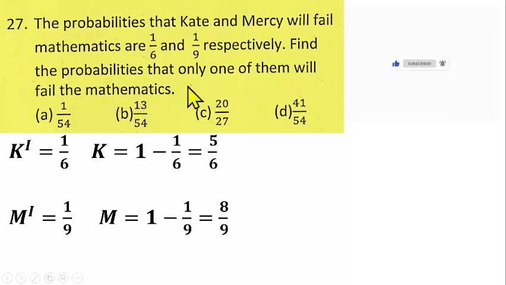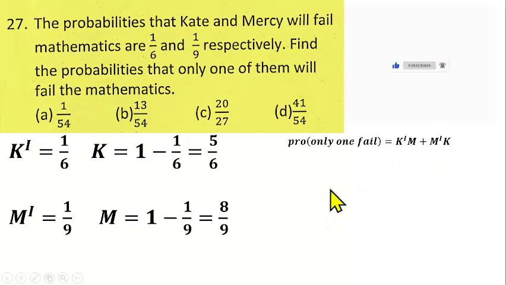Then the probability that only one of them fails will be the probability that Kate fails and Mercy passes, or the probability that Kate passes and Mercy fails.